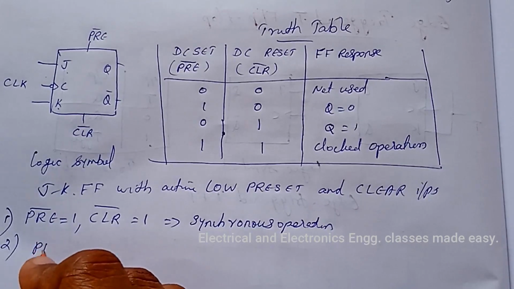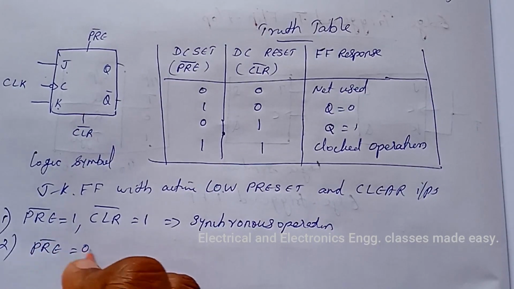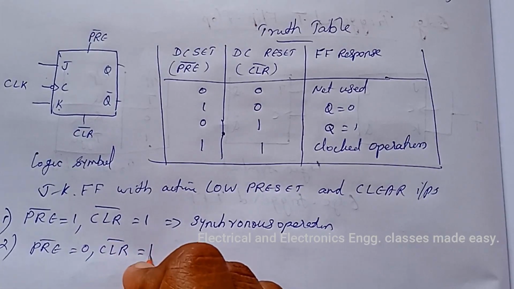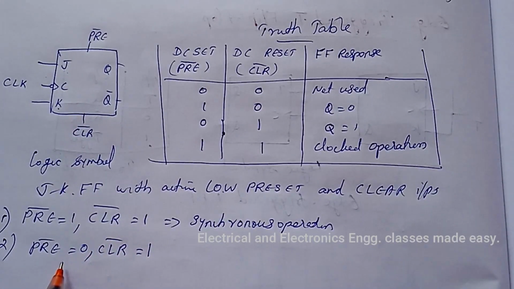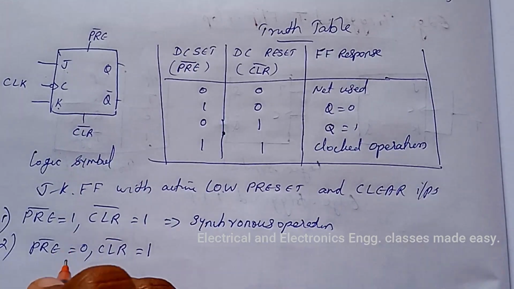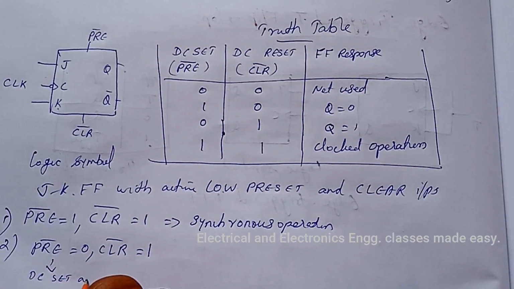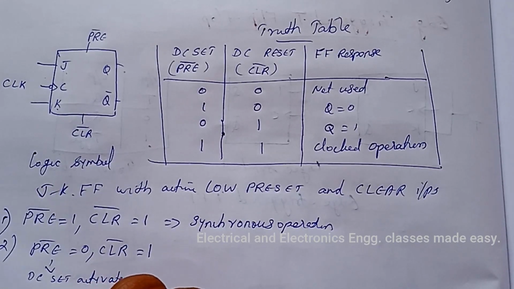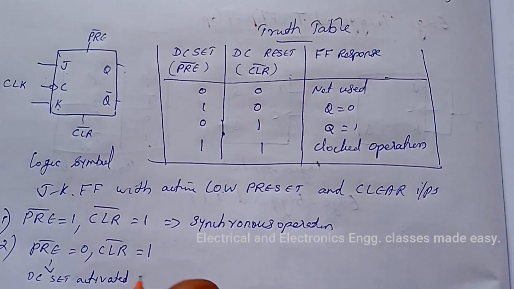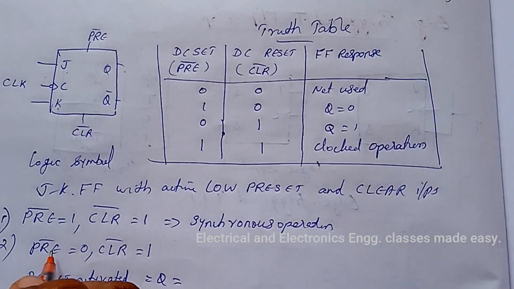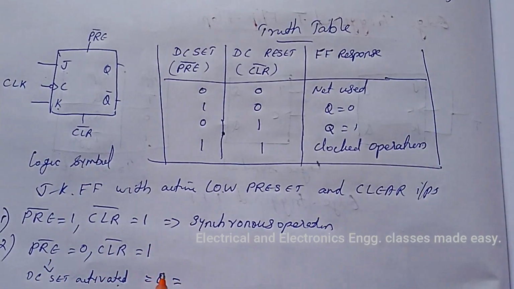When preset bar equal to 0 and clear bar equal to 1, so here the DC set is activated. So Q DC set activated means this is preset, that is Q equal to 1.